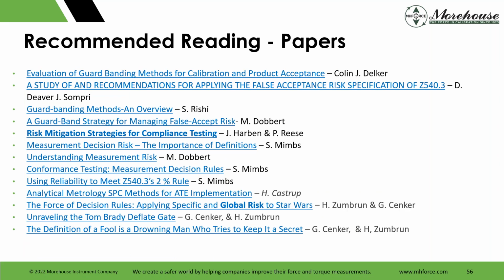And then a lot of these papers, there's links here. Our latest article in Quality, the definition of a fool is a drowning man who tries to keep it a secret. That's an article in Quality about purchasing the wrong equipment. And then there's the Force of Decision Rules, unraveling the Tom Brady Deflategate, which Introduction to Statistics and Metrology, another excellent book, does a great job of.